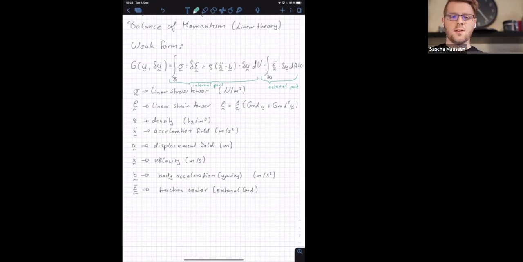As you are already aware, in our finite elements we will implement just the internal part, because the finite element program usually takes care of the external part in terms of nodal forces that we apply in our scripts or input files for a simulation. So we generally don't have to implement the external part.